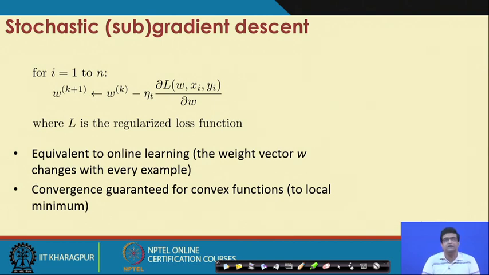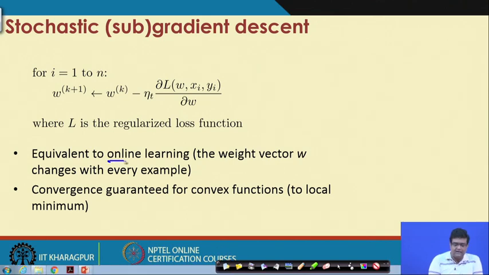But another way of thinking about the same process is that you are doing some kind of online learning. So, what is online learning? Online learning means that whenever you get one single example for training, you immediately update the parameters. For example, you are trying to train a spam filter.